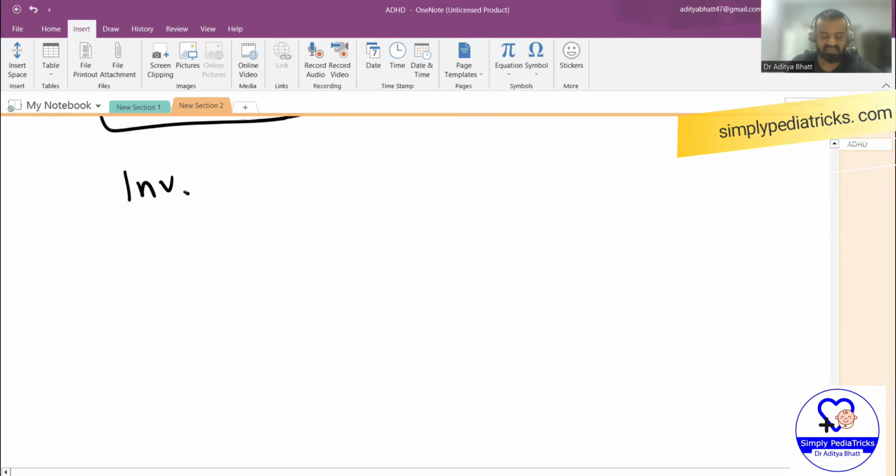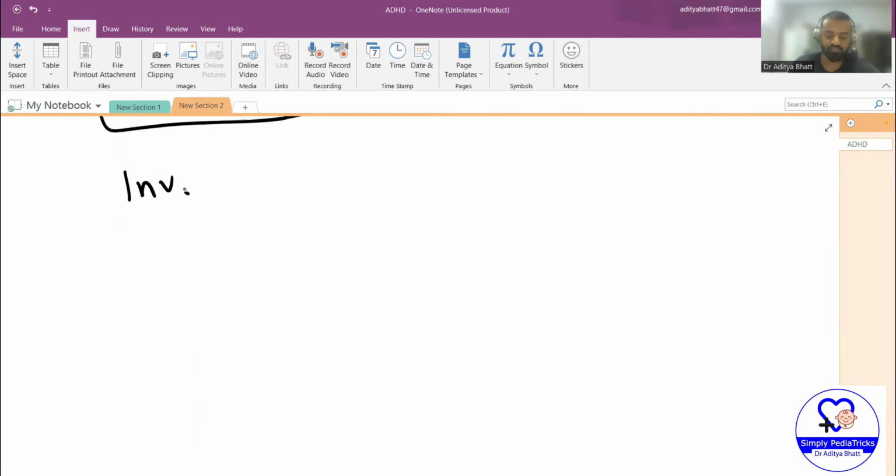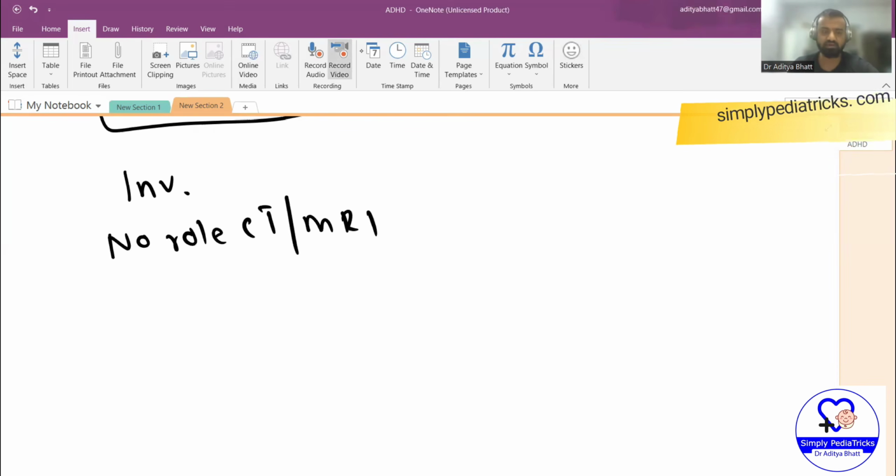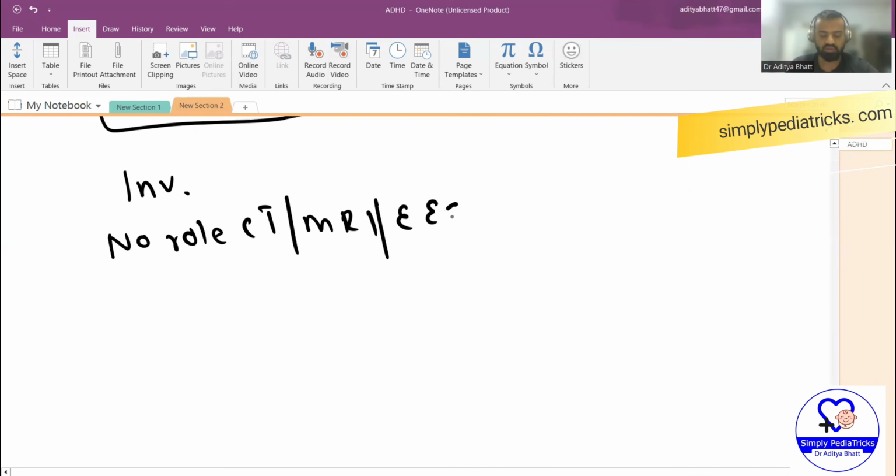Now, investigations are of very limited value, and these patients have to be dealt with a very, very patient hand, and you have to rule out all the above causes that I have given you. There is no role of CT, MRI, skull X-ray, or EEG. All these have absolutely zero role, and you have to rule out fragile X syndrome.